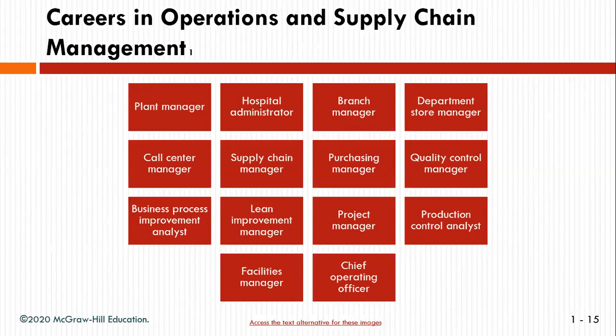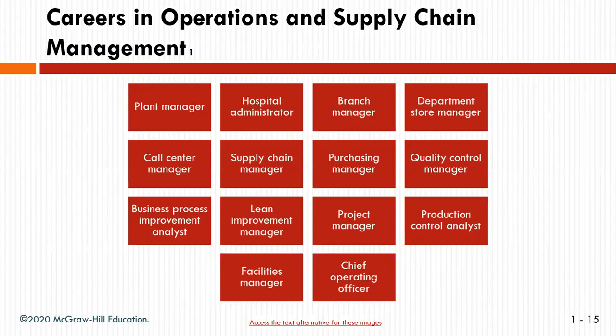So there is a big chunk of jobs in the market, probably 80 to 90% of jobs, that belong to operations and supply chain management. For example, project manager: you will have all kinds of projects, IT, physical operations, production.